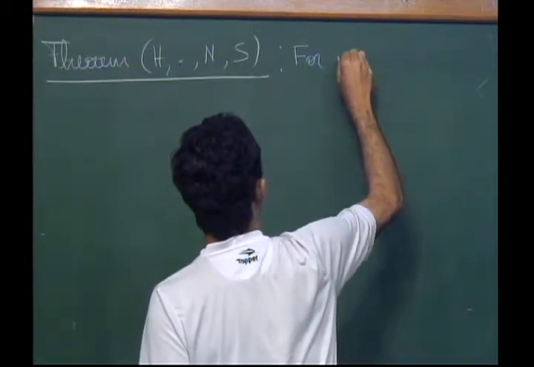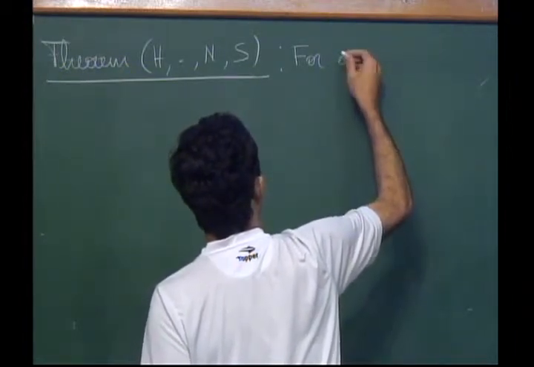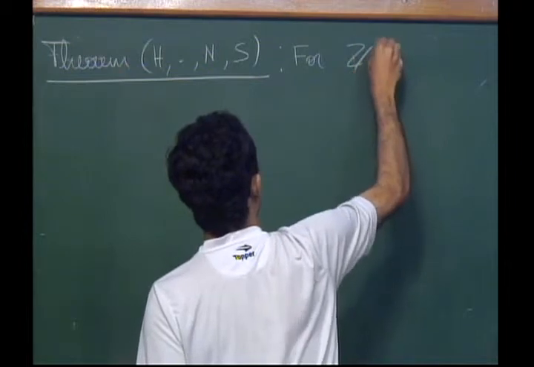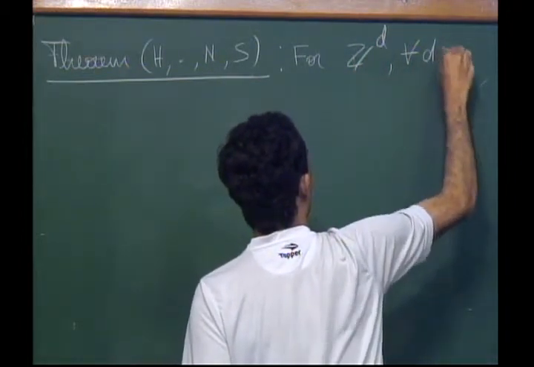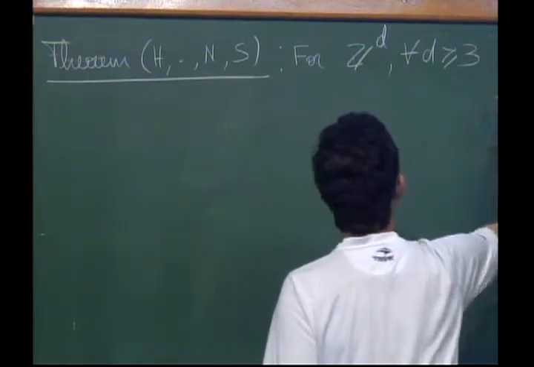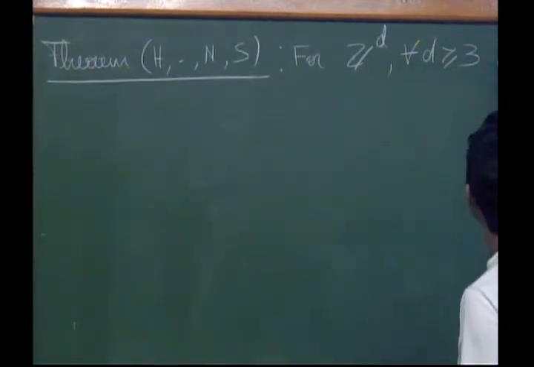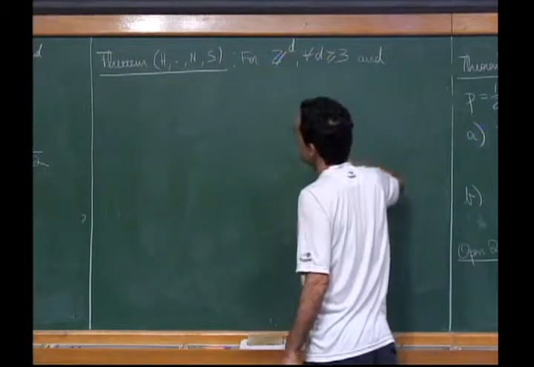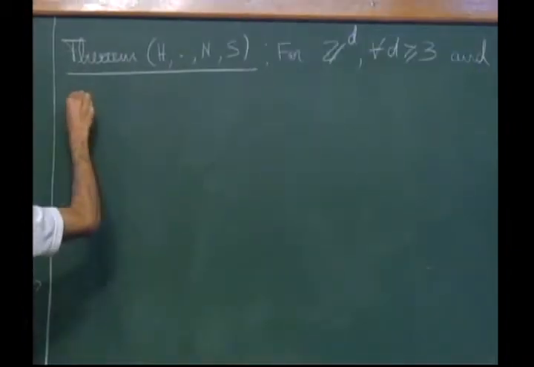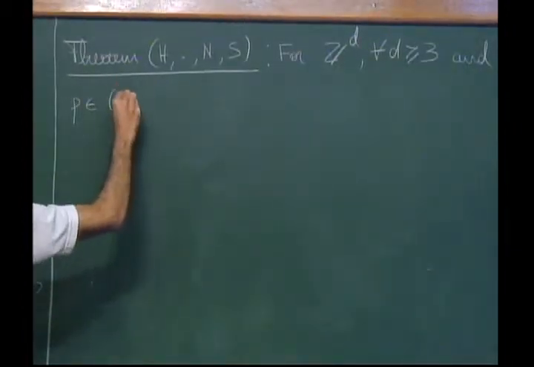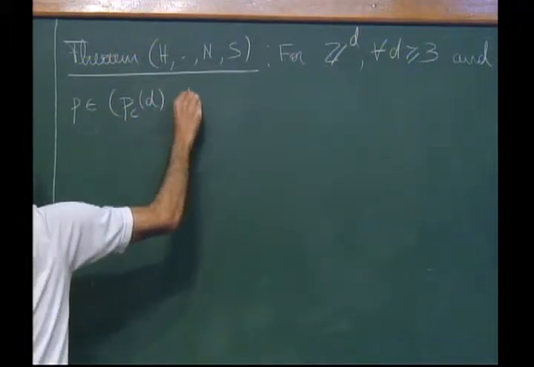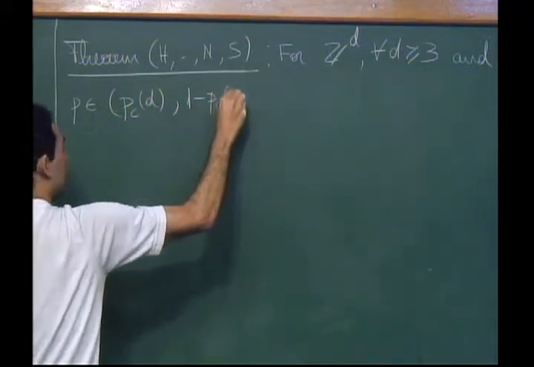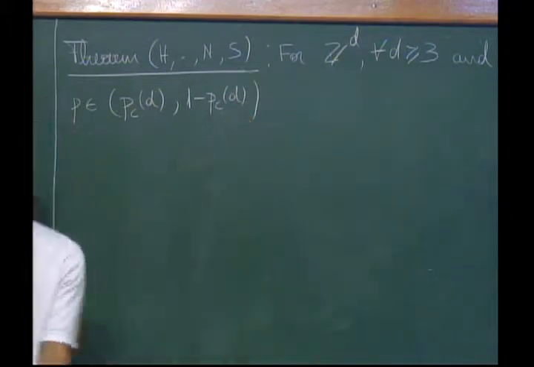For Z^d, for d at least 3, and p between p_c of d and 1 minus p_c of d, in this interval.